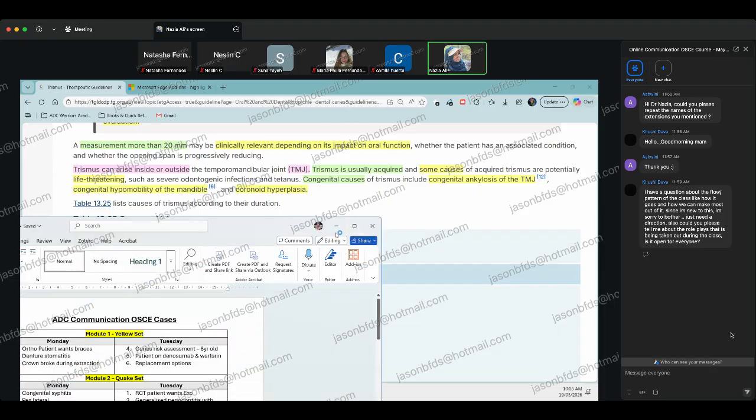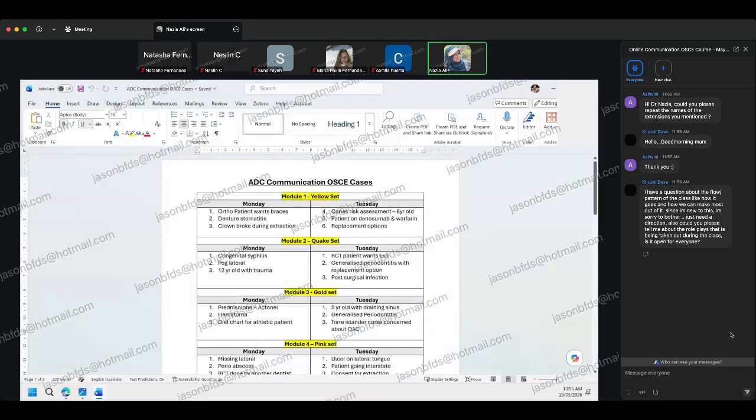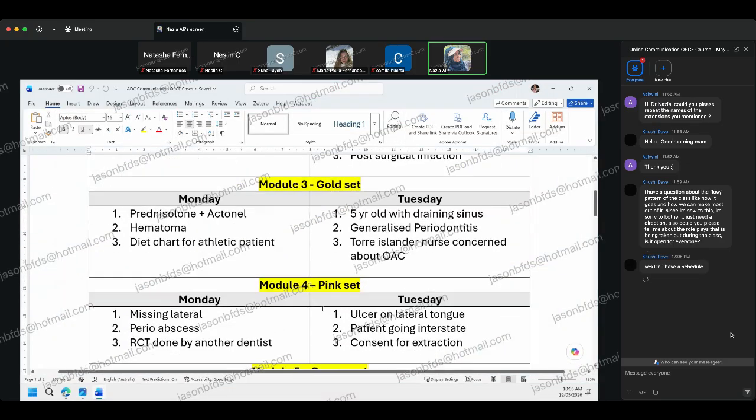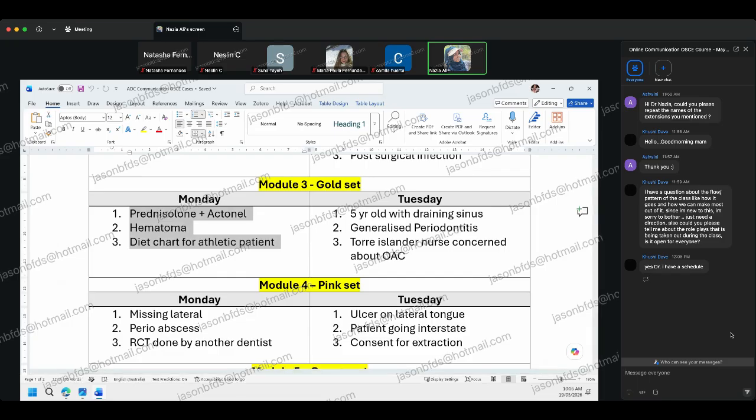This is just my back end that they've given to me. So this is the goal set that we're doing. So Monday, yesterday, I tried to cover one from cluster 1, cluster 2, and cluster 3. So these are the 3 cases we did. And these are the other 3 that we're going to be covering today.